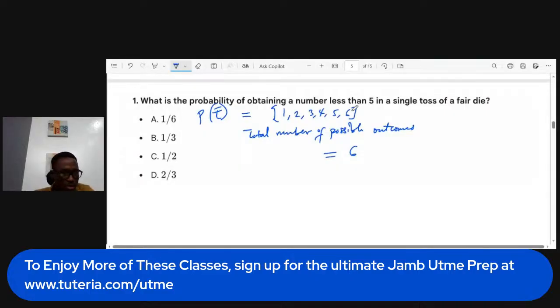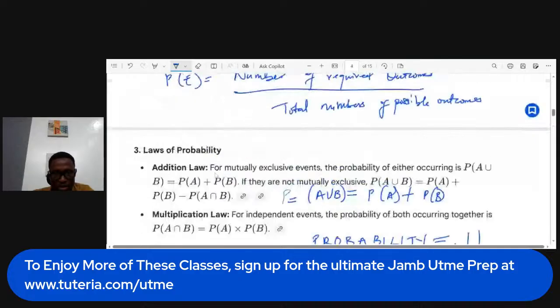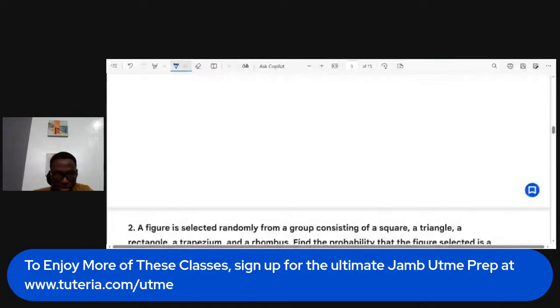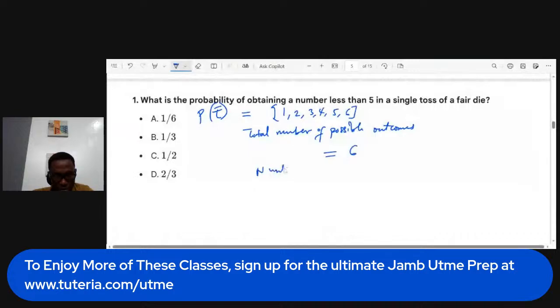So the number of required outcomes, the number of what they're asking you to find, is 4. That is 1, 2, 3, 4.